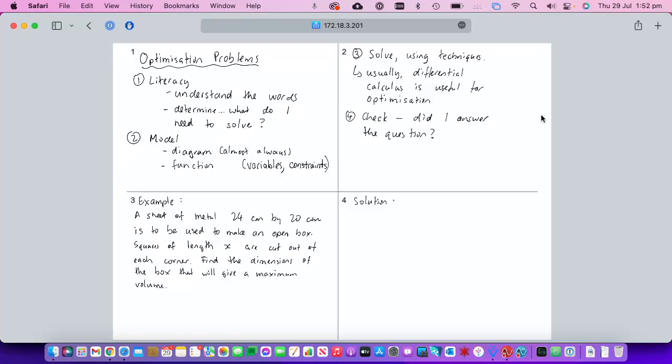And step 4 is, did I answer the question? So you've got a solution, did I answer the question? And the other related thing you should also be doing is asking, is the answer reasonable?